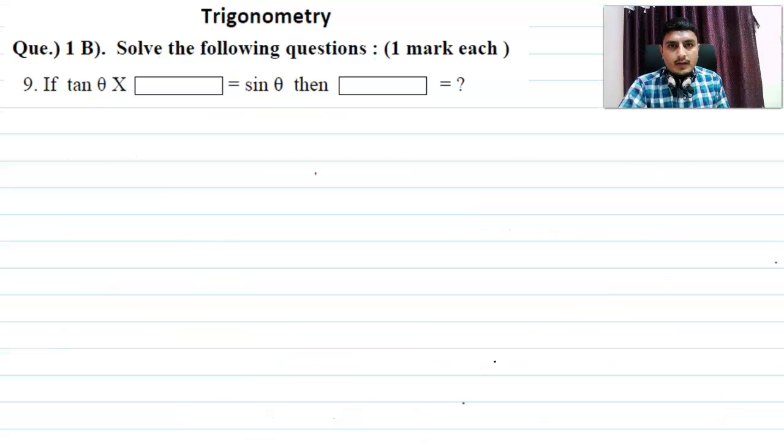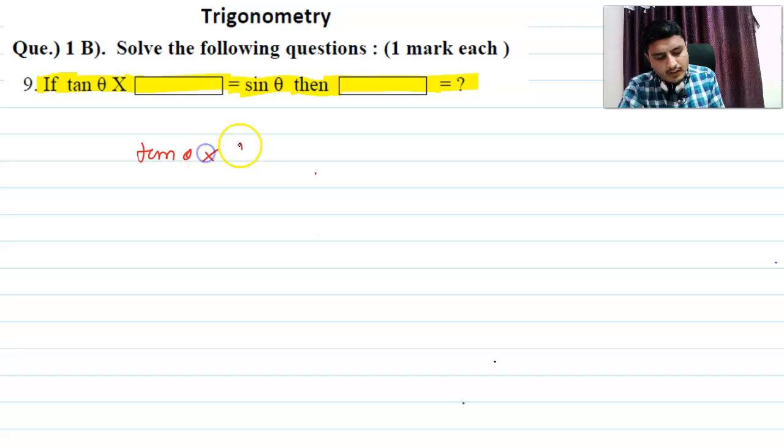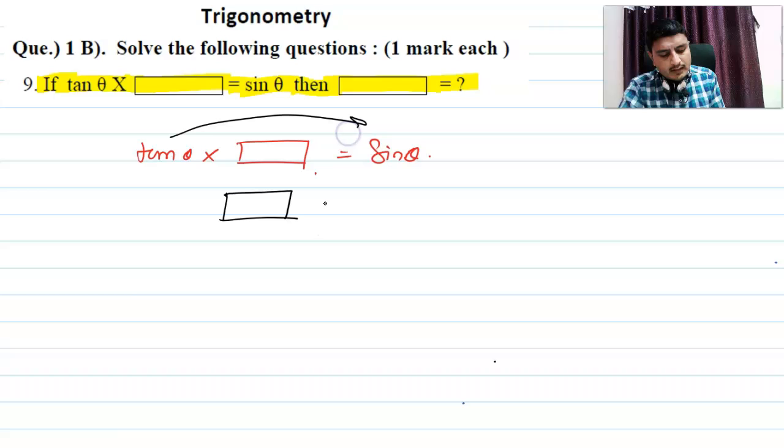Look at question number 9. It is of the form: if tan of theta into a box equals sin theta, then the value of the box equals to? We have given tan of theta into a box equals sin theta, and we have to evaluate the value of the box. That means we have to shift tan theta from LHS to RHS. We get box equals sin theta upon tan theta. Once we shift tan theta from LHS to RHS, the multiplier becomes the divisor.